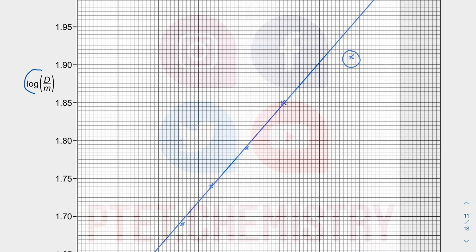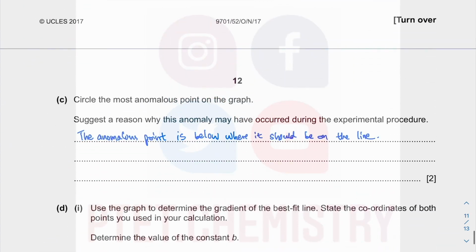So log d over m is lower than expected. You expect it to be on the line, but it's lower than expected. So what do we know? We can say that d is lower than expected, and it's all about suggestion, right?